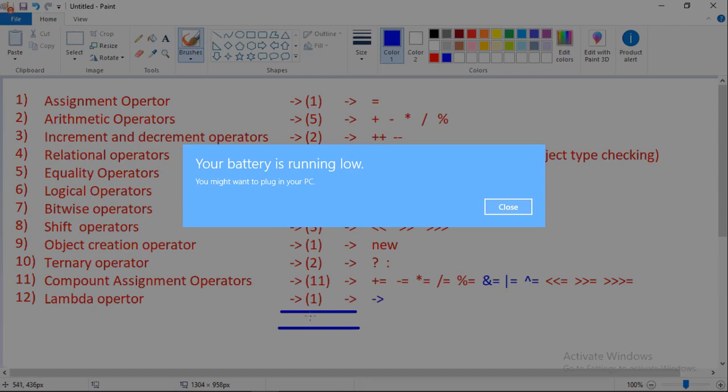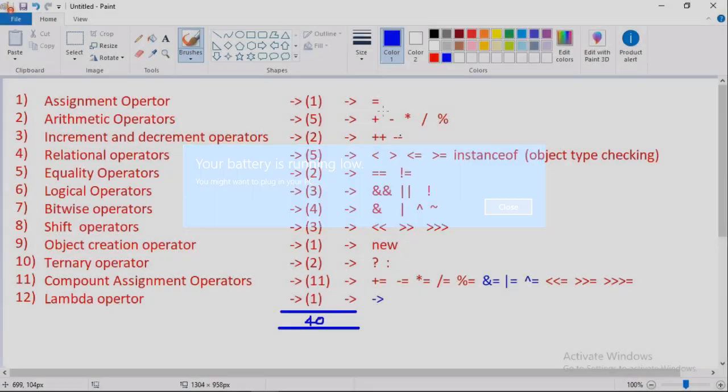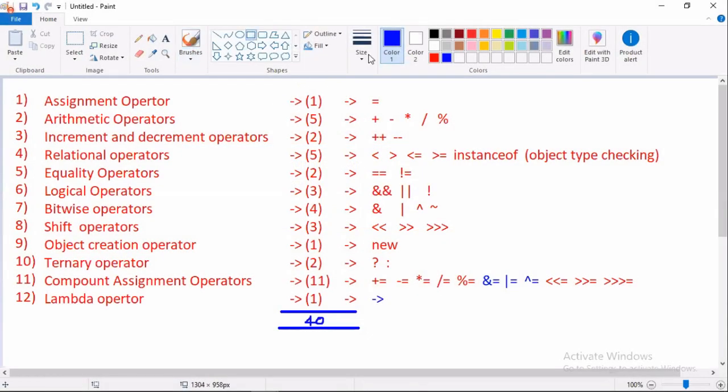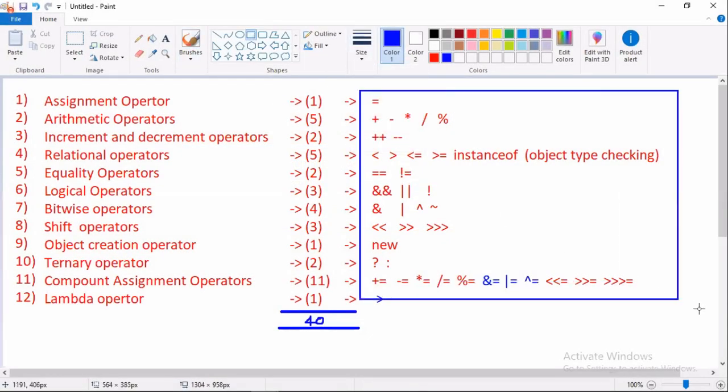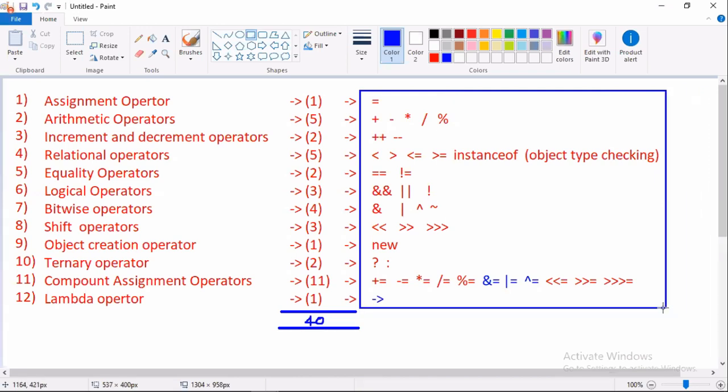Java supports 40 operators. So if you learn these 40 operators by heart, then we can start programming. Will you learn them by heart? Can you write these operators on your own, without looking into notes?